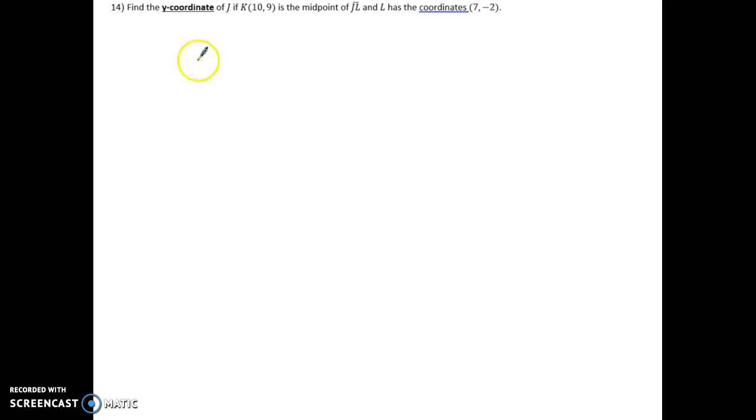So we know that we have a line segment that is JL. So 2 points, JL, and we have a midpoint that is K. So K has coordinates of (10, 9), and L has coordinates of (7, 2).